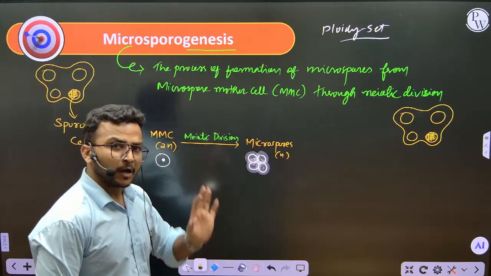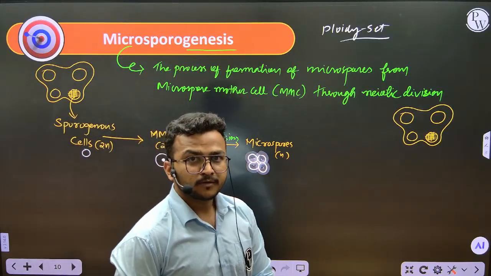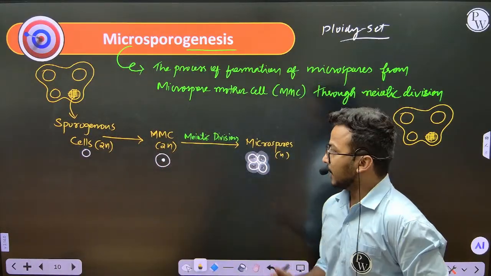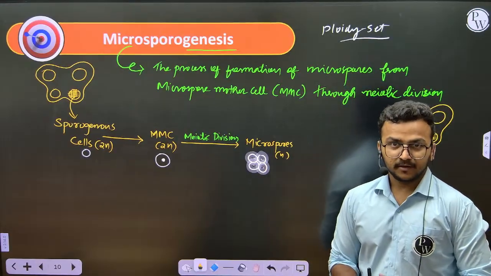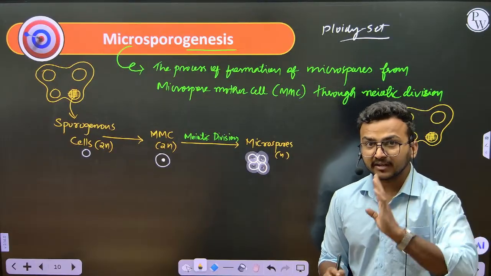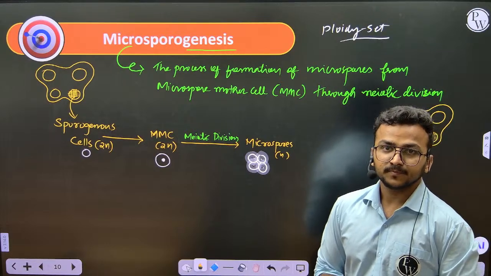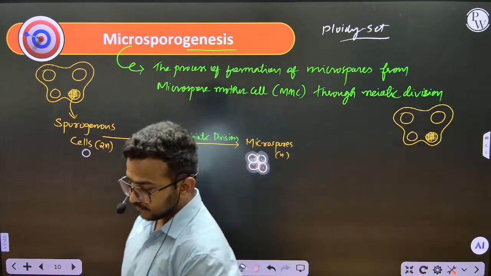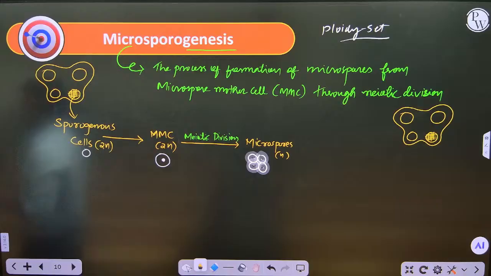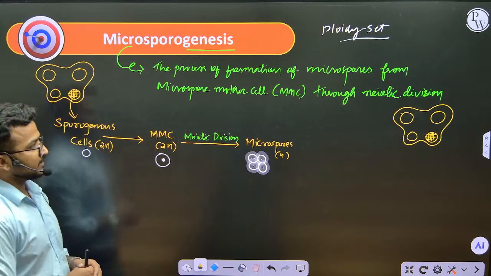Now whether the pollen grains are ready now. My question is, now microspores are prepared here. Whether the pollen grains are ready now. You just think whether the pollen grains are ready or not.